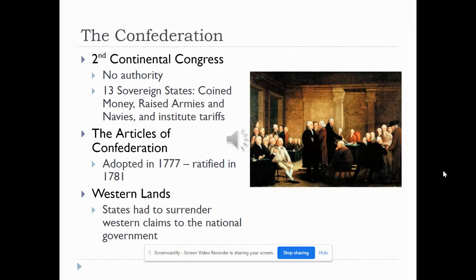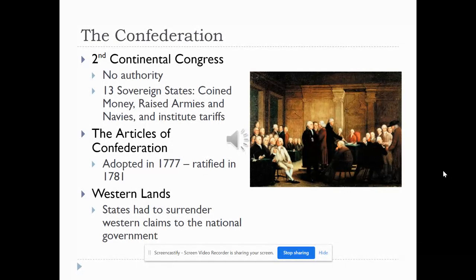And of course, states had to surrender Western claims to the national government under the Articles of Confederation, which is very controversial. If you remember Virginia, states like Massachusetts, they had huge land acquisitions or land claims. In fact, if you remember, that's what actually started the French and Indian War, was Washington going out to lay claim to Virginia's claim of the Ohio Territory.